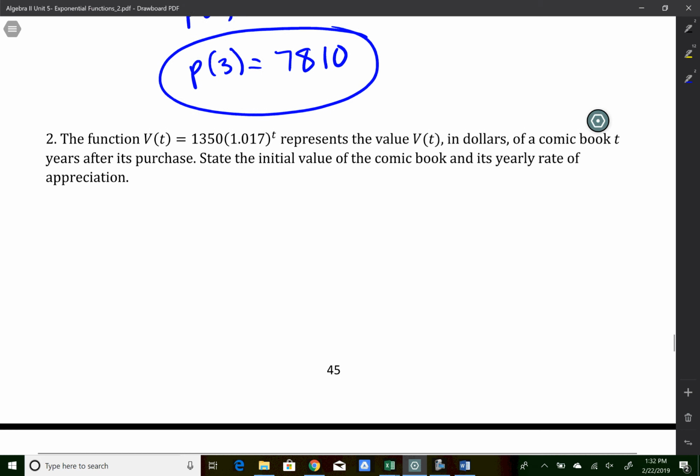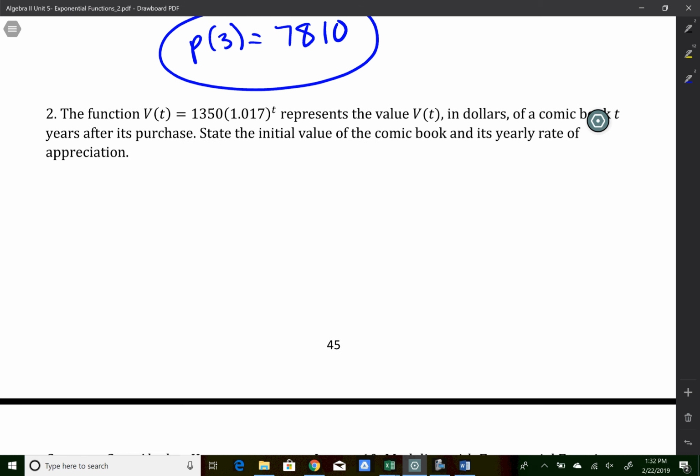Number 2 says the function V of T represents the value in dollars of a comic book after it's purchased. The value here is going up. It wants us to state the initial value of the comic book and its yearly rate of appreciation. Appreciation is the fancy way of saying getting more money, or becoming more valuable. So the initial value is going to be $13.50.